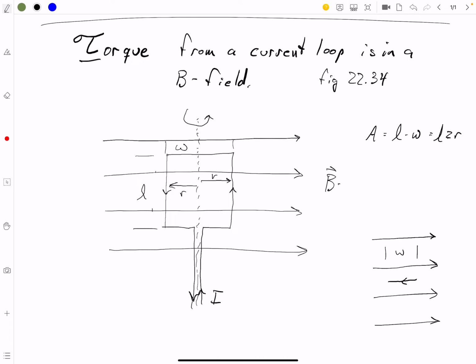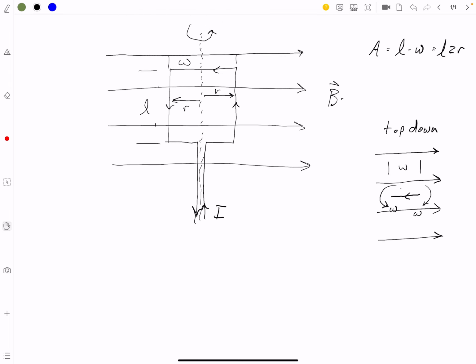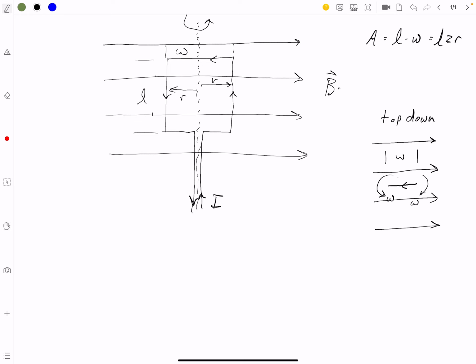It's going this way, right? So this is the top-down view of our loop. And then it's going to rotate from the top down. It's going to rotate in some direction. It'll either rotate this way with an omega that way, or it'll rotate that way with an omega that way. We'll see here in a minute which way it's going to go.